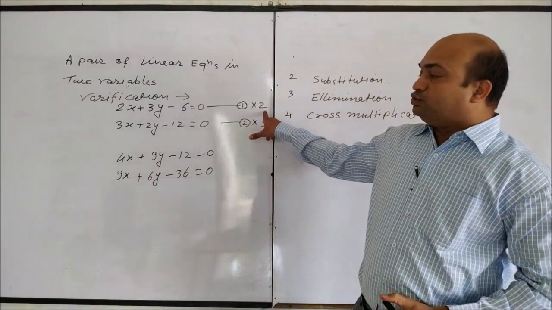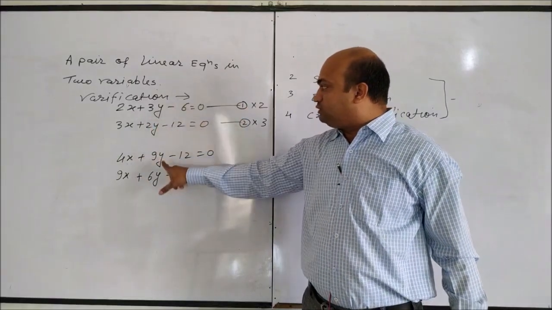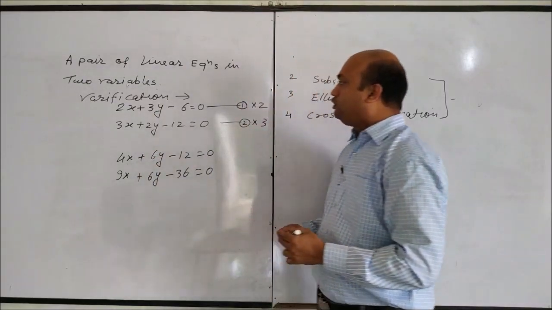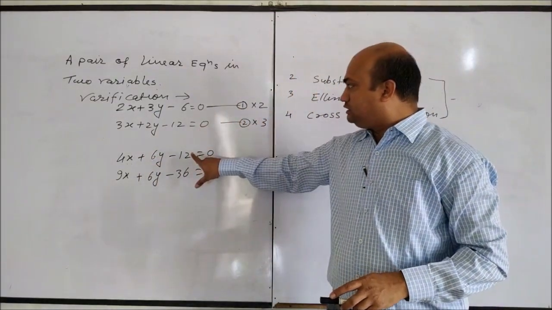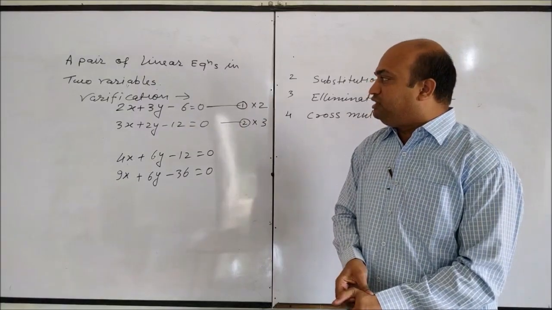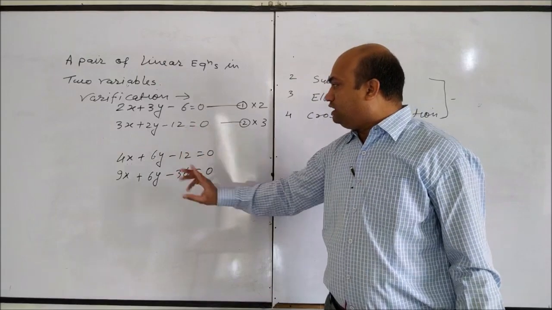When we multiply by 2 to the first equation, it is 4x plus 6y, minus 12, and when we multiply by 3 to the second equation, it will be 9x plus 6y minus 36.